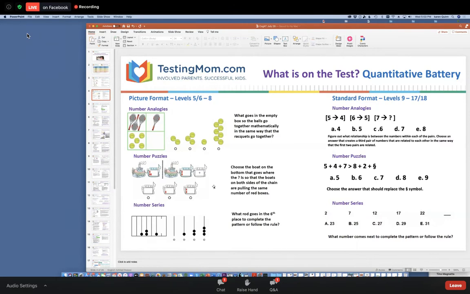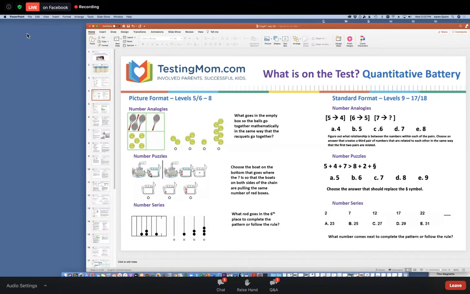And so with younger children, we have pictures. We'll use either, on our site, we use boats. The test itself uses trains. We use trains too. We have some trains. But what you want is for both sides of the boat to be pulling the same number of boxes or items.